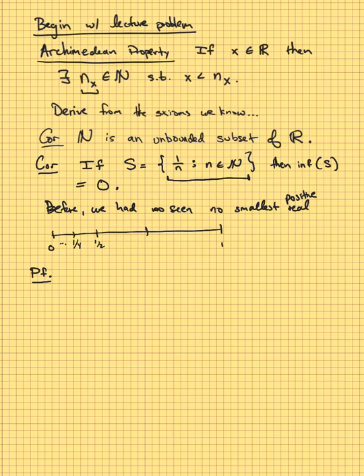So let me give you the proof. If it's not empty and bounded below, then the infimum exists. Okay? So that's the first thing that we want to show, is that this set S is bounded below, so that there is an infimum. But this isn't bad to show, right?